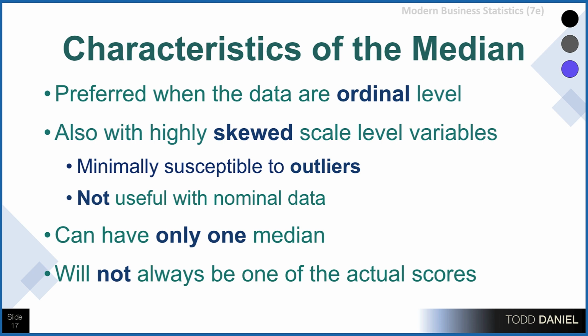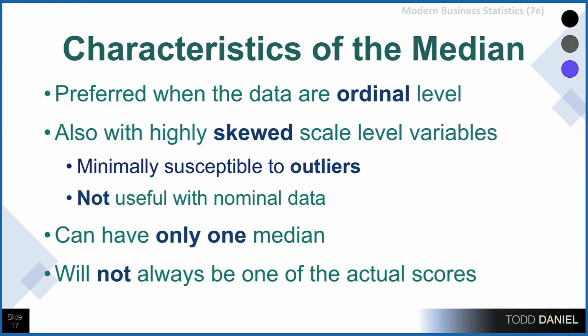We will prefer to use the median when we have data at the ordinal level that we can arrange in an ascending order. We might also use the median when we have scale level data that are highly skewed. The outlier is pulling the distribution out in one direction that would affect the mean or the average, and so we'll use the median to give us a more representative score.